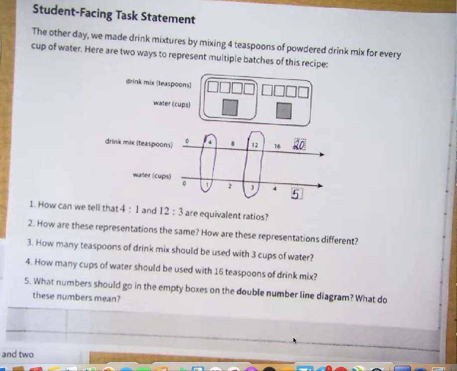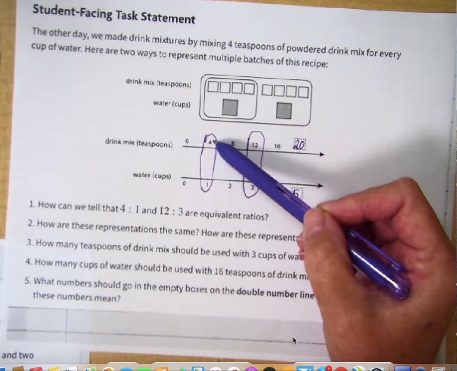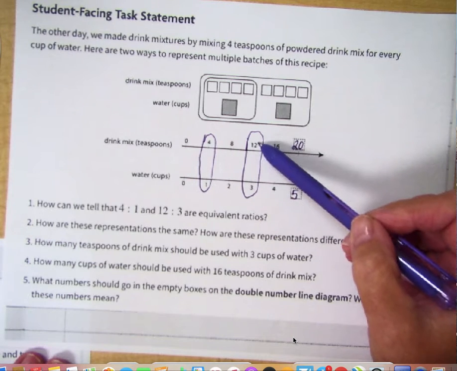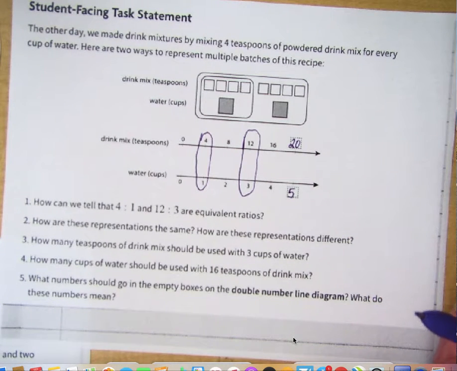That's how you tell they're equivalent. All right, how are these representations the same? Well, this shows 1 batch, 4 teaspoons for 1 batch, 1 cup for 1 batch, 12 teaspoons for 3 batches, 3 cups of water for 3 batches. Okay?